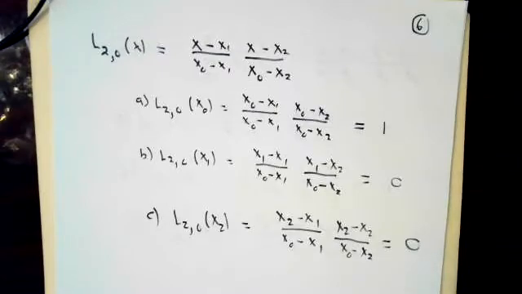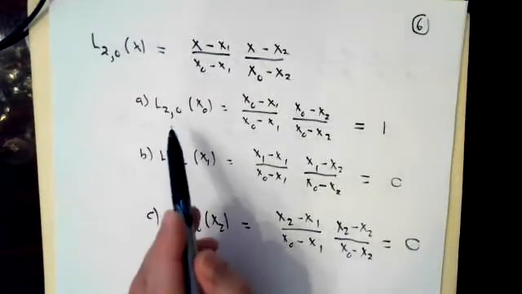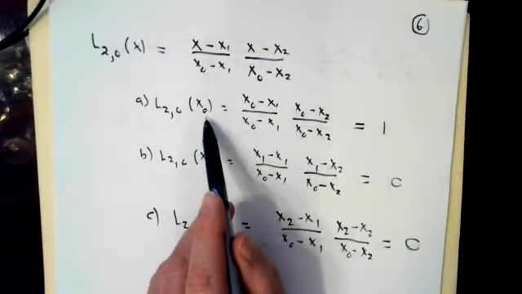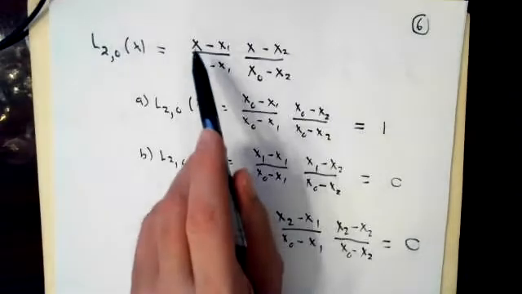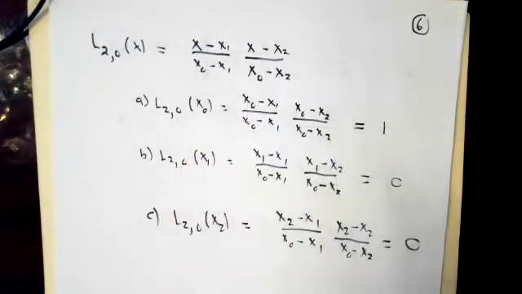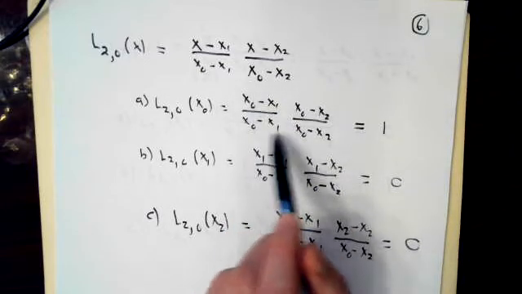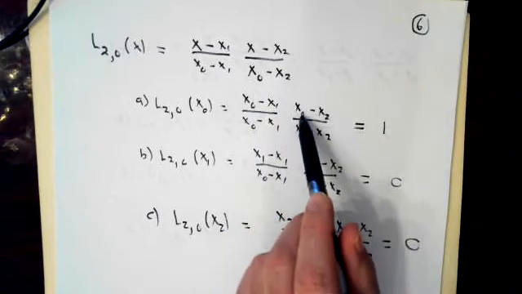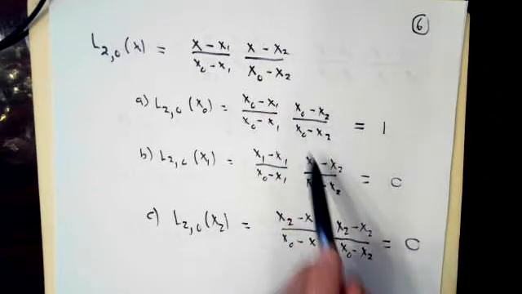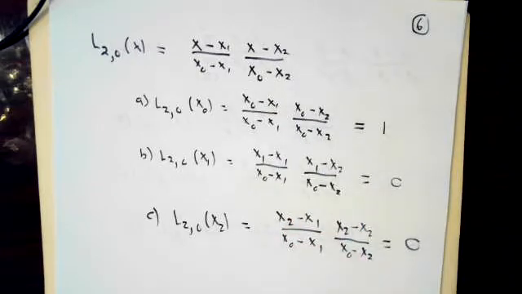I want to evaluate this L2 comma 0 of x polynomial at the x values from my data set. So in the first one, I'm going to evaluate everything at x0. So replace this x and this x with x0 and write the result down. x0 minus x1 divided by itself times x0 minus x2 divided by itself. That would be 1 times 1, which is 1.